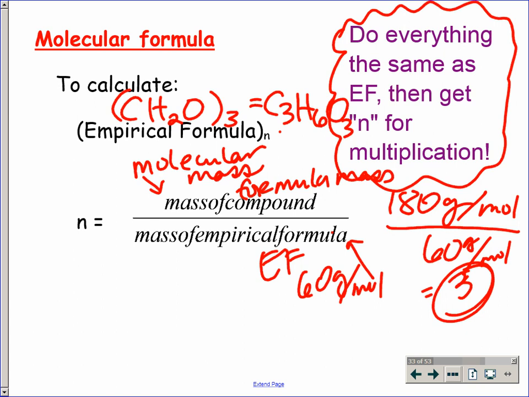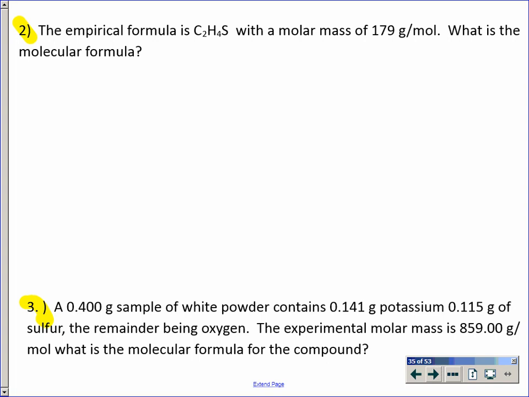Can I move on? I'm going to show you an example where we go through the easy part and then the hard part. Notice in this one, it tells us the empirical formula is C2H4S. Write down the empirical formula. And what do you guys think this is? That is not N. The upper part is the mass of the compound, the molecular formula mass, the whole shebang.